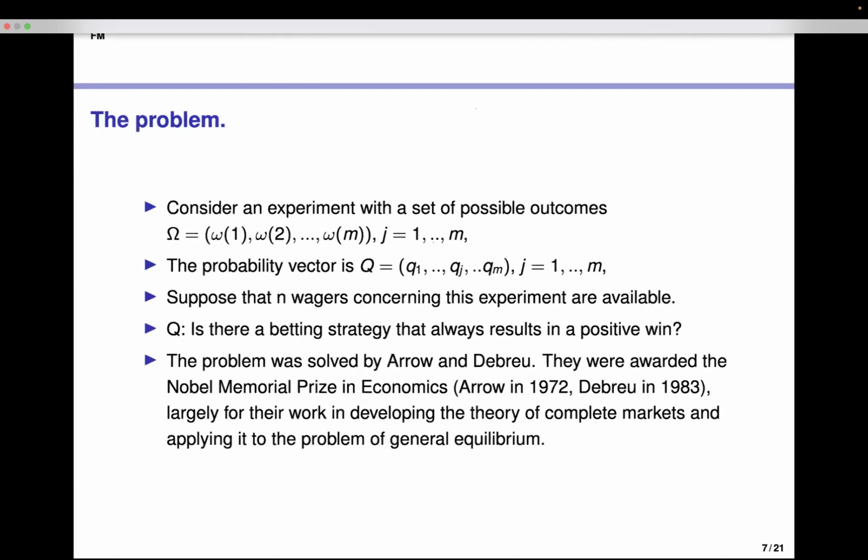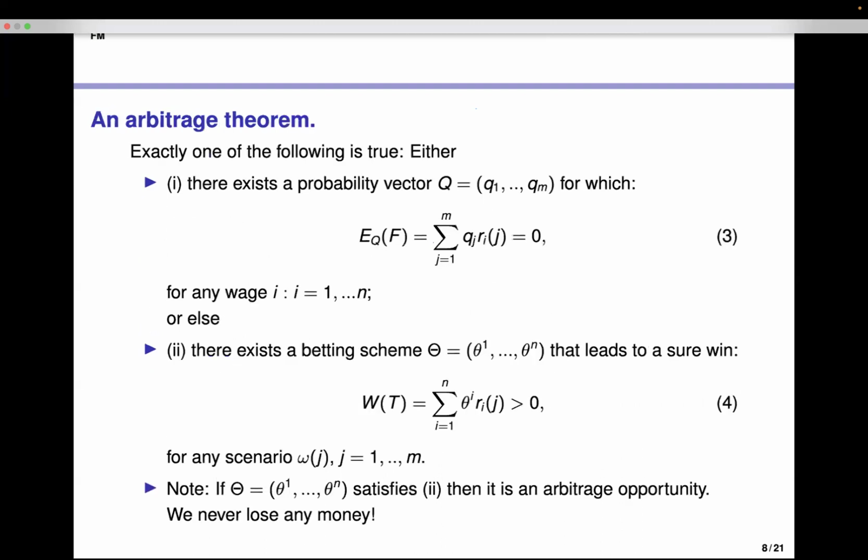And this problem was solved by Arrow and Debreu, and what is interesting is that they were awarded the Nobel Memorial Prize, Arrow in 1972, Debreu in 1983, for the work on developing the theory of complete markets and applying it to the problem of general equilibrium. And the arbitrage theorem is about equilibrium.